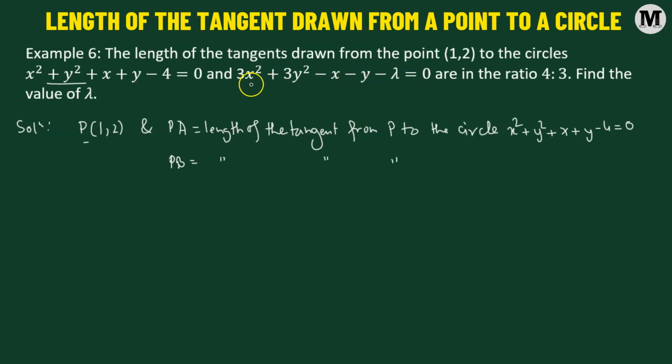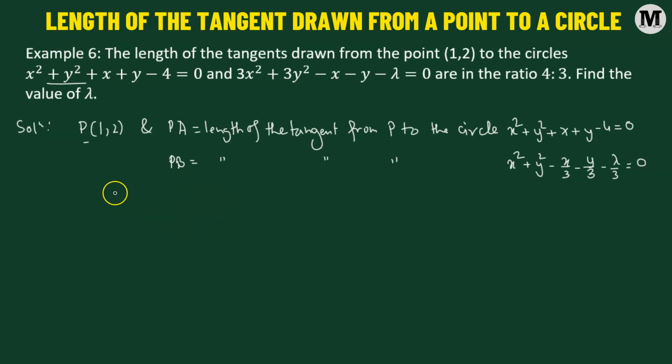However, we will get rid of the coefficient 3 of x squared as well as y squared by dividing each term by 3. So our equation will become x squared plus y squared minus x over 3 minus y over 3 minus lambda over 3 equals 0. Fine.